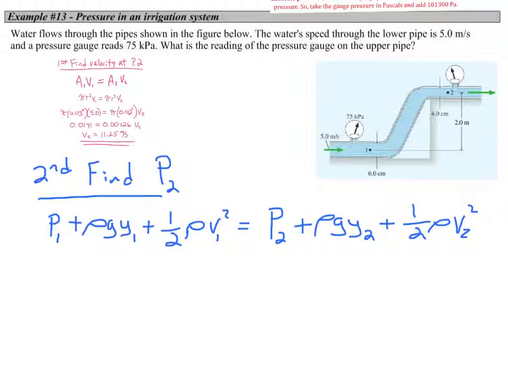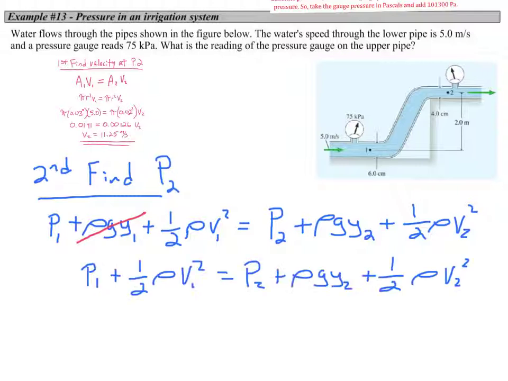So then the second thing to do is going to be to find the pressure at point 2. If we look at point 1, this is our 0 point for our gravitational potential energy here. So this term for gravitational potential energy at point 1 is going to cancel out, leaving us with this here. Now, one thing to make sure you're diligent about is indicating pressure and density properly, so it's obvious that you're showing density here and pressure here.